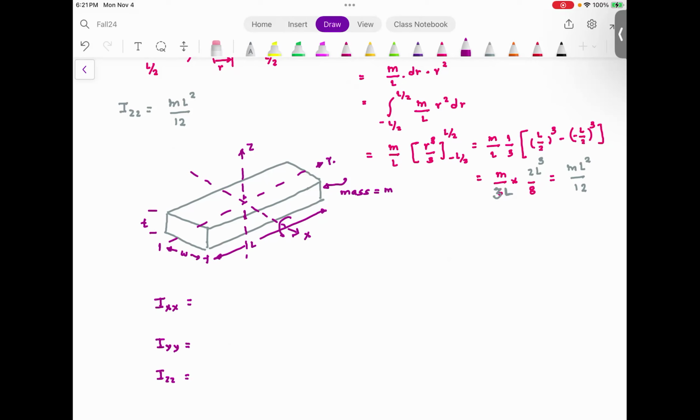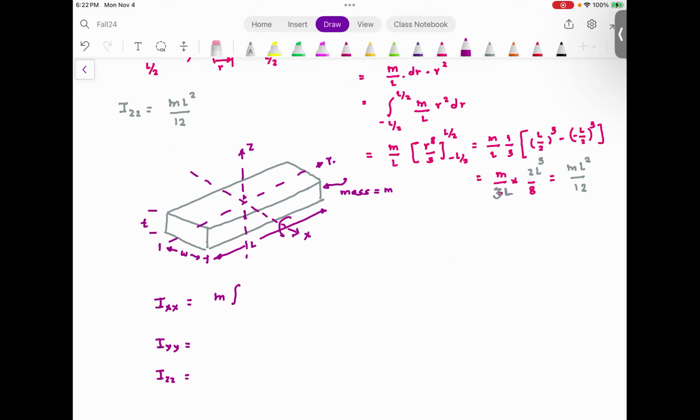A large Ixx means it is difficult to rotate that bar about the x-axis.